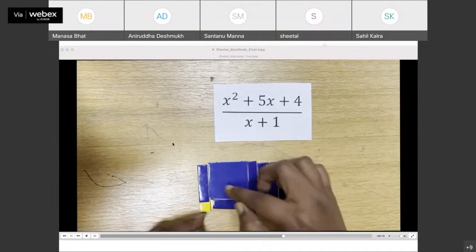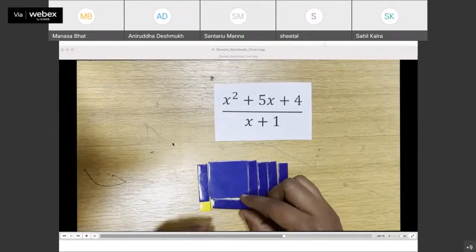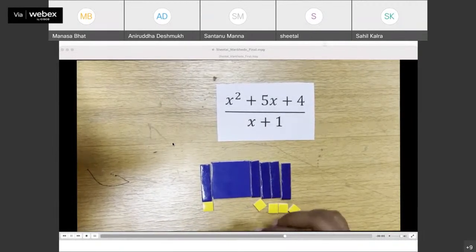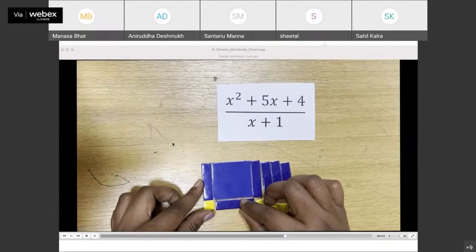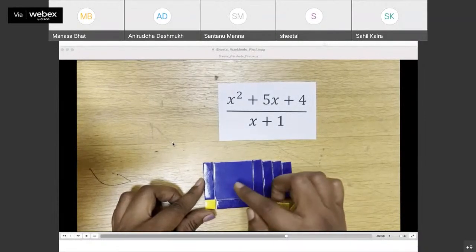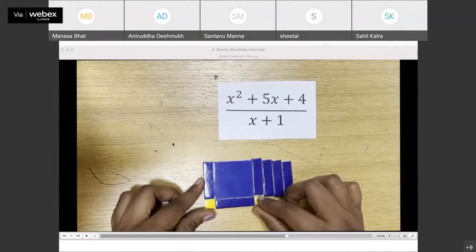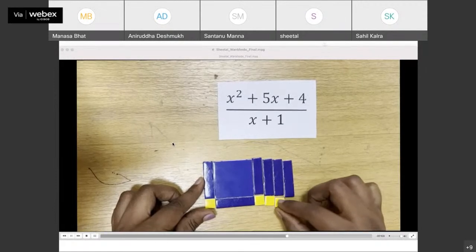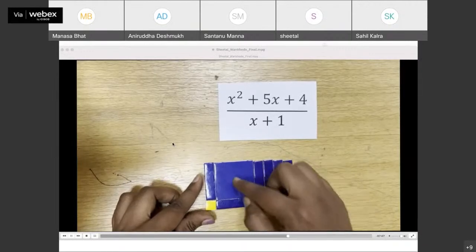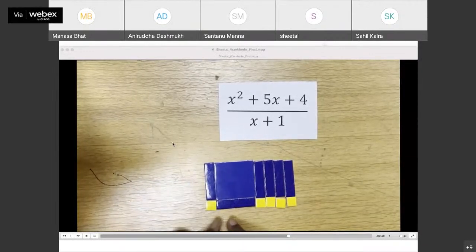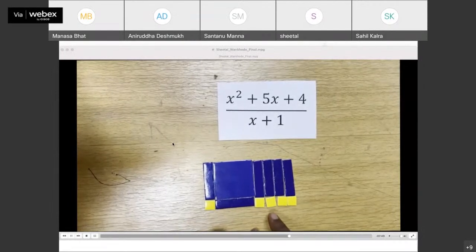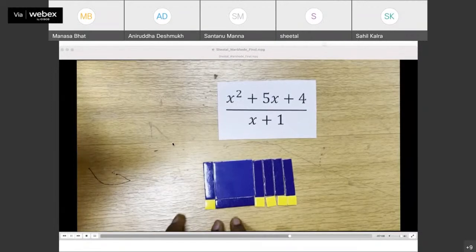And also this represents a square of area x square. That means all its sides are x. So instead of taking this 4, we are using these x tiles here for this square of area x square. And we'll manage this 4, 1 here. Now this gives you this rectangle whose one side is x plus 1 and another one is x plus 1 plus 1, 1, 1, which gives you x plus 4.